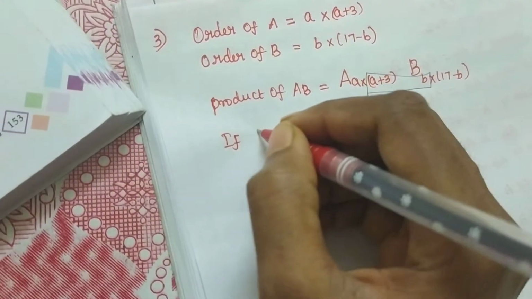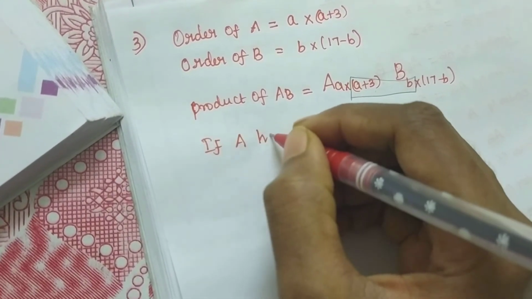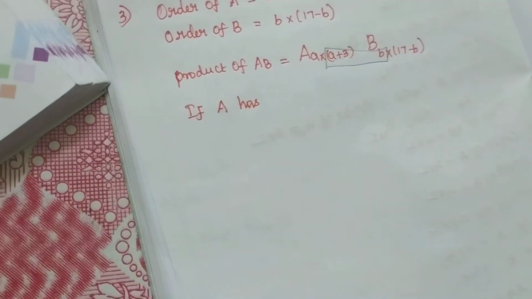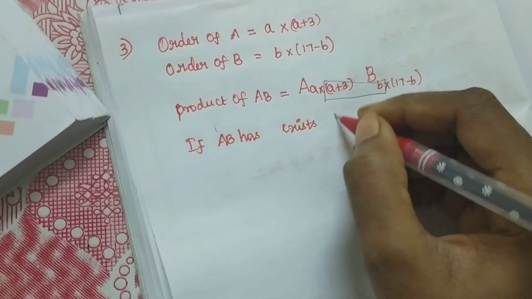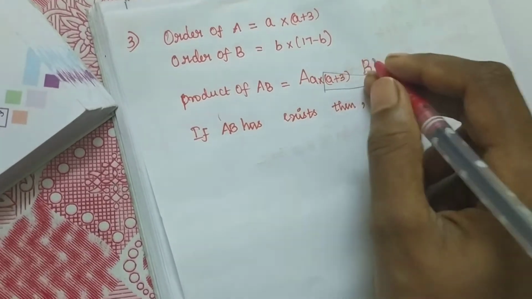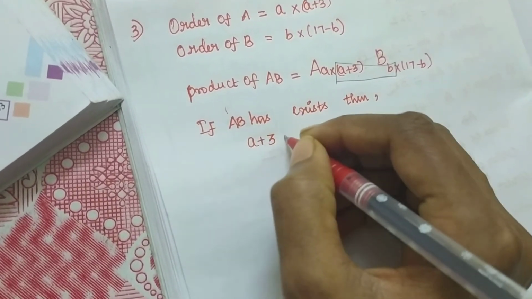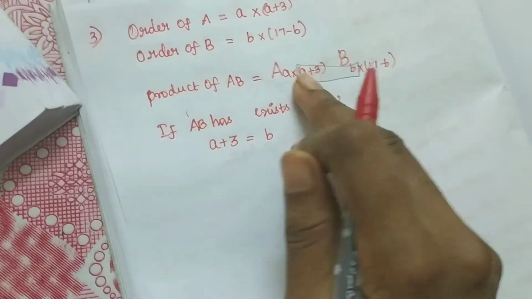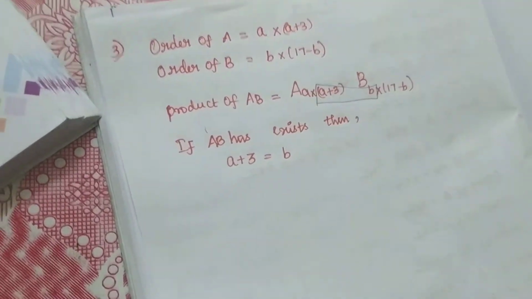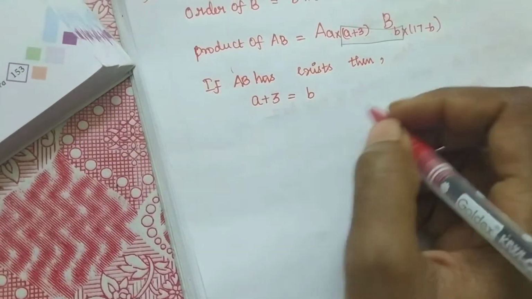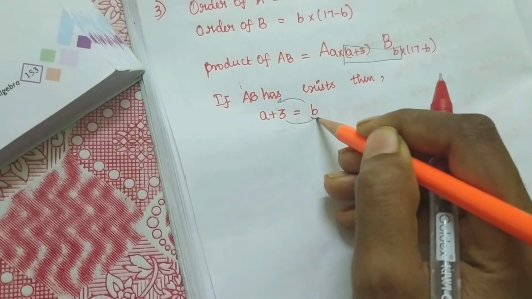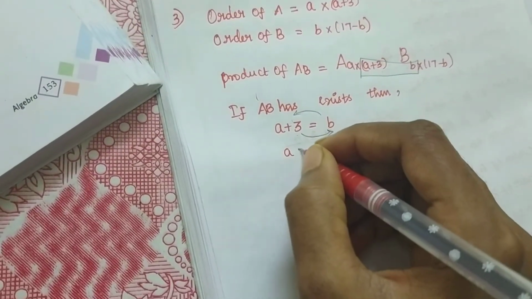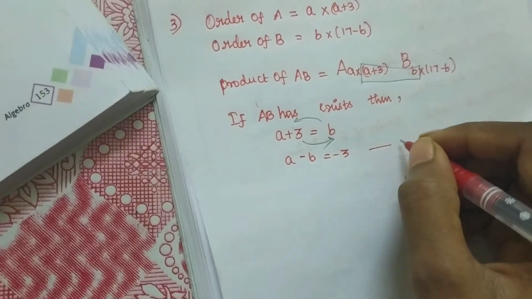If AB exists, then A plus B equal to B, I can write this, right? Because this is equal to this. They are asking to find the values of A and B, that's why I'm writing. So I need equations. This B is coming to this place, 3 is going to that place. So A minus B equal to minus 3. It's the first equation.